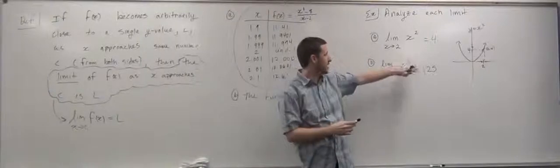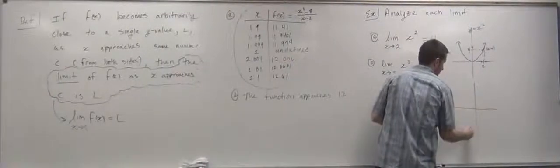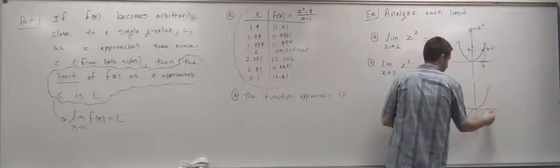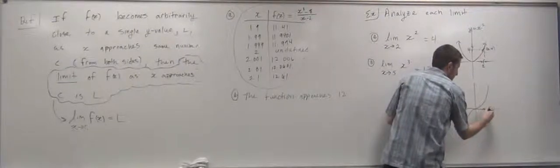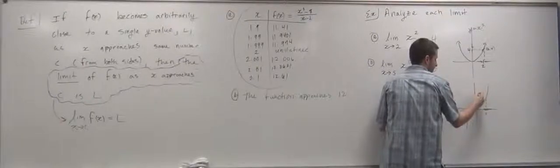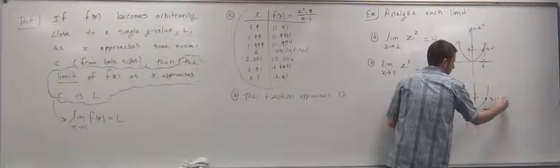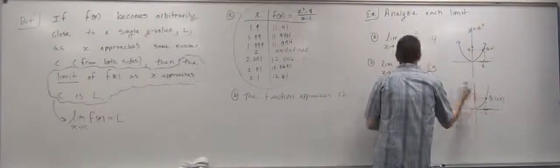But if you have a nice function where you can just plug it in, that will give you the limit. All right, here's your snake. Here's 5. As you get closer to 5 on the x, the y's are going to get closer to 125. Right? Because you're approaching this point. Questions? Does that make sense?